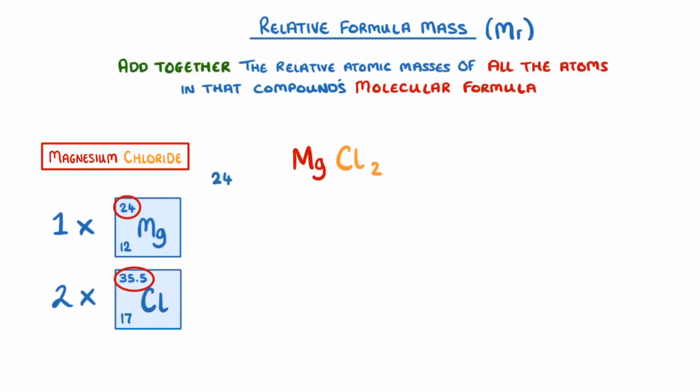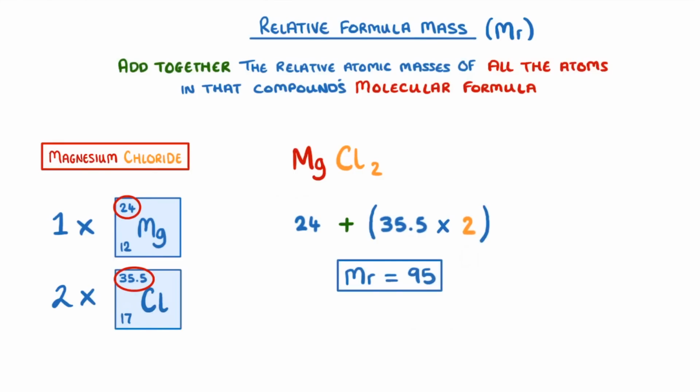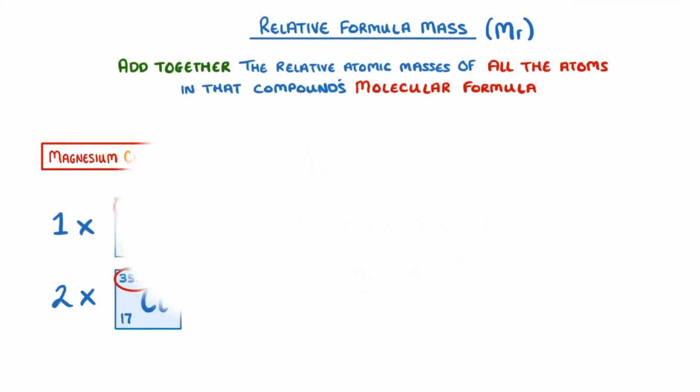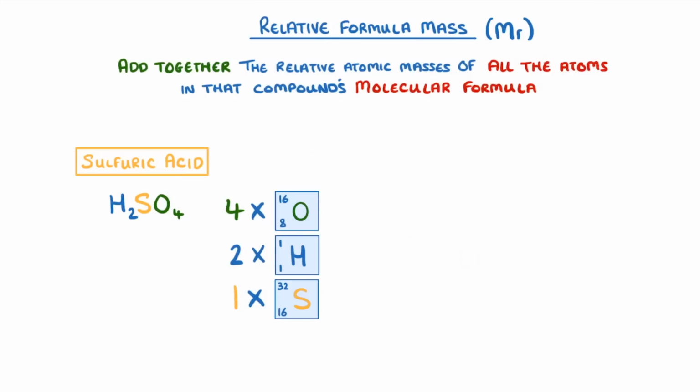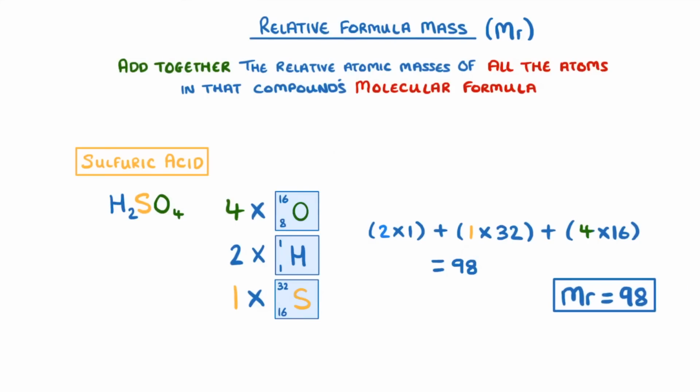So we'd do 24 plus 35.5 times 2, giving us a relative formula mass of 95. Or for sulfuric acid, which is H2SO4, we have two hydrogens, one sulfur, and four oxygens. So 2 times 1 plus 1 times 32 plus 4 times 16, which gives us a total of 98. So the Mr is 98.